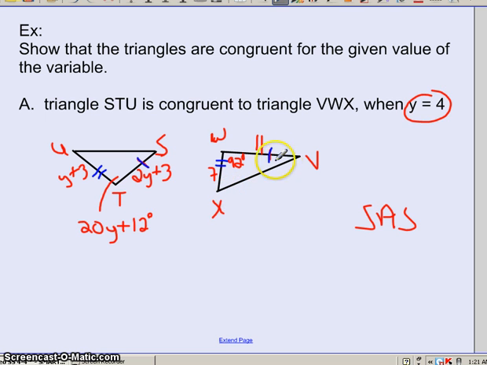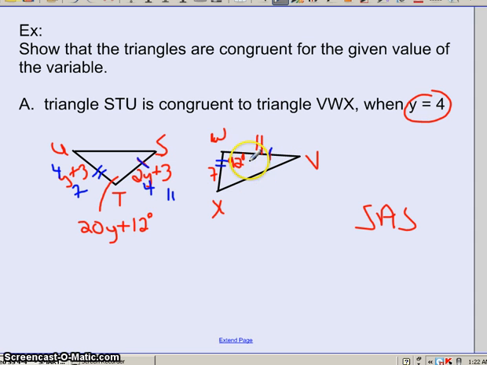Alright, so it looks like we have all the values here, so I need to plug in that 4 over here. So 4 plus 3 is 7, and notice that 7 does equal 7, so we'd have that side congruent. Now if I plug in the 4 here for the y, it would be 2 times 4, which is 8, plus 3 is 11, and the side that I have is marked 11 also.